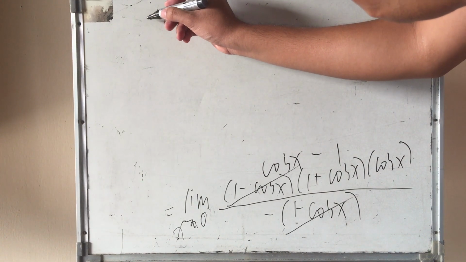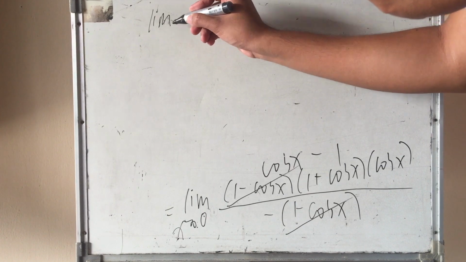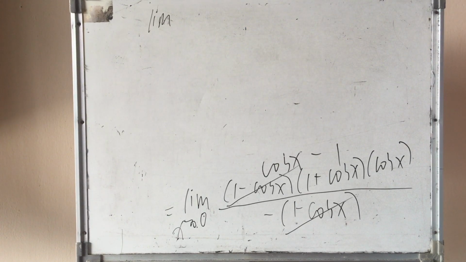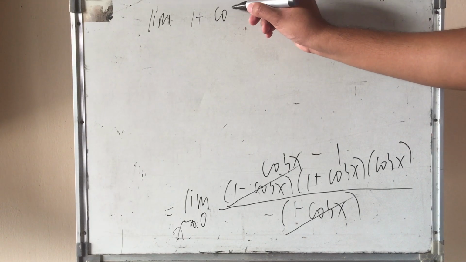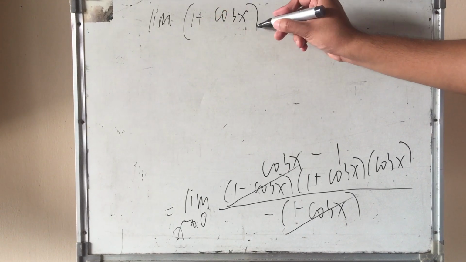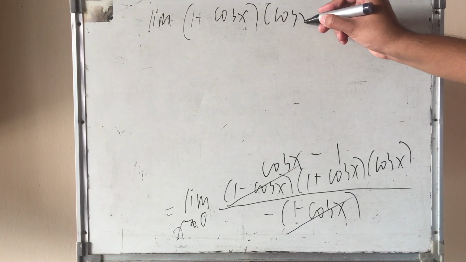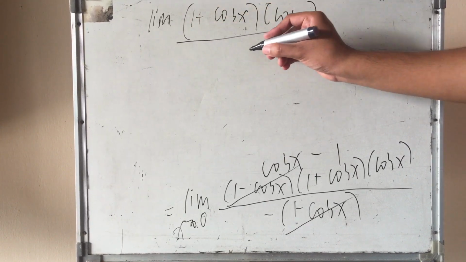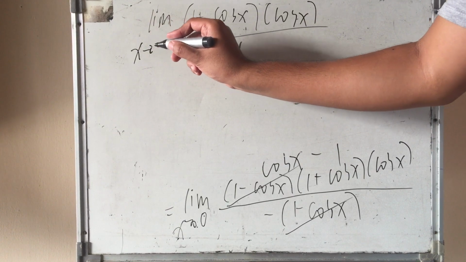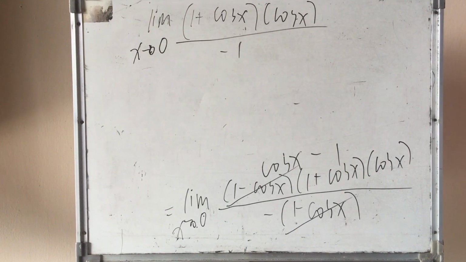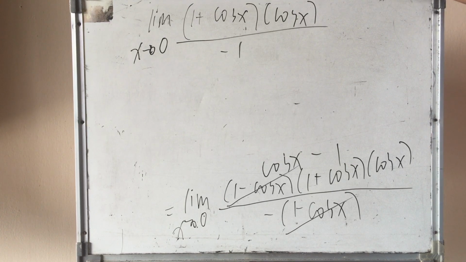So we have the limit of 1 plus cosine x times cosine x divided by negative 1 as x approaches 0.